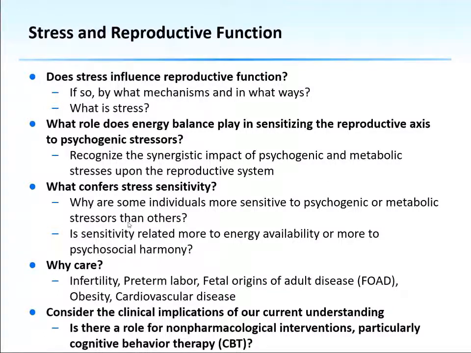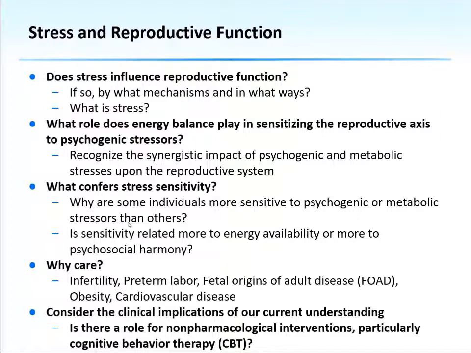So we have focused for many years on understanding what might regulate GnRH, and we call the collection of factors that suppress or inhibit GnRH pulsatility stress. And some of the stressors have been identified and include energy balance, which is thought to sensitize GnRH neurons to other kinds of suppressive signals.